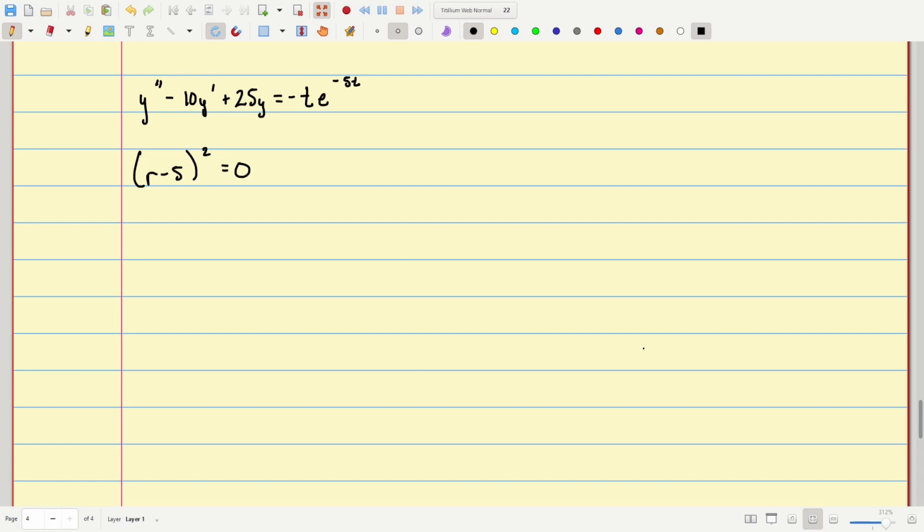And so what I get for my roots are 5 repeated, which is to say that the homogeneous solution is equal to C1 e to the negative 5t plus C2t e to the negative 5t, using our formulas from those previous sections. Sorry, those should both be plus signs.